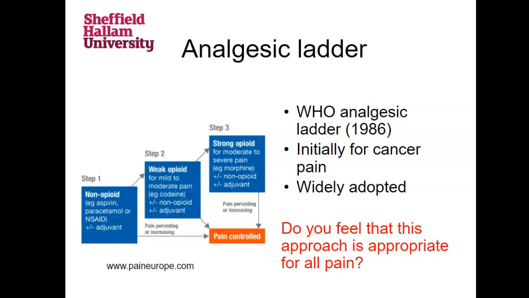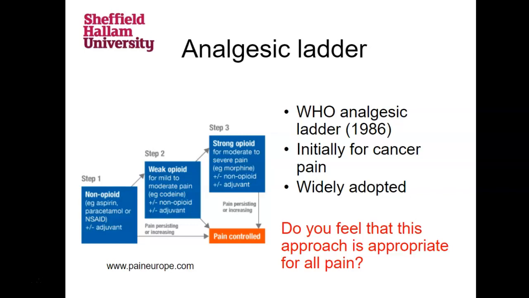So we've got step one, where we'd be using non-opioidal medications such as aspirin, paracetamol, or non-steroidal anti-inflammatories, plus a range of non-pharmacological adjuncts that would be there to manage the pain.